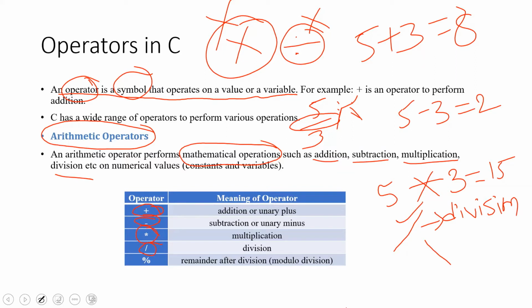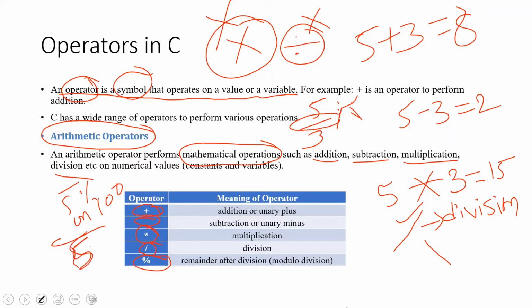Additionally, we use another operator called percentage. In regular mathematical operations, we use the percentage symbol to calculate percentage. For example, I can say 5% on 100 means it is 5.